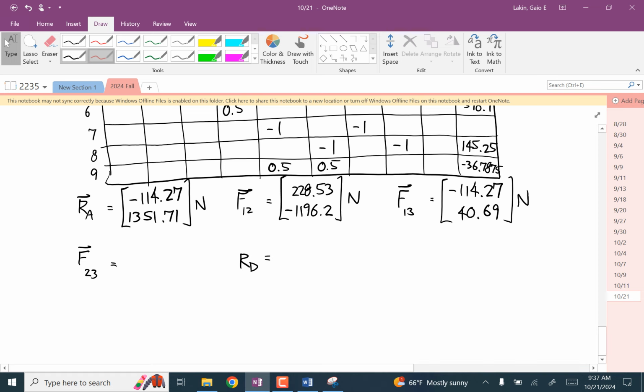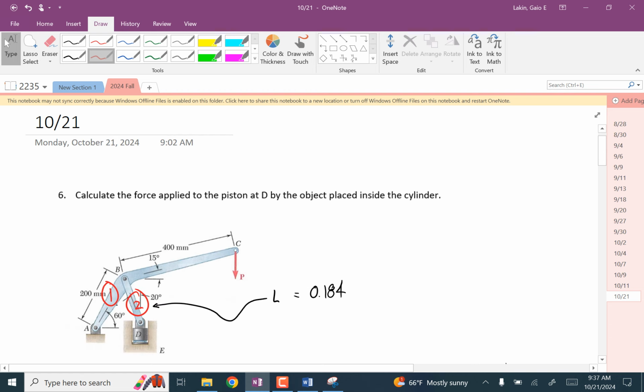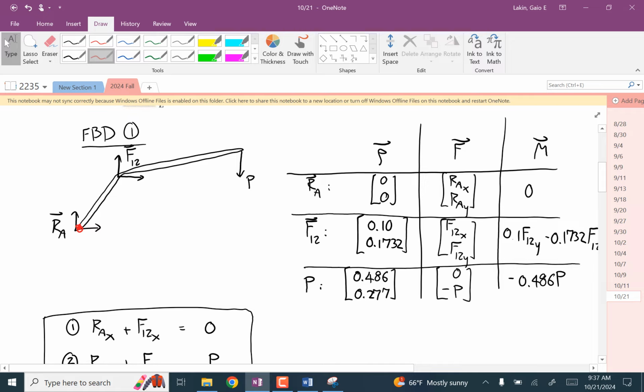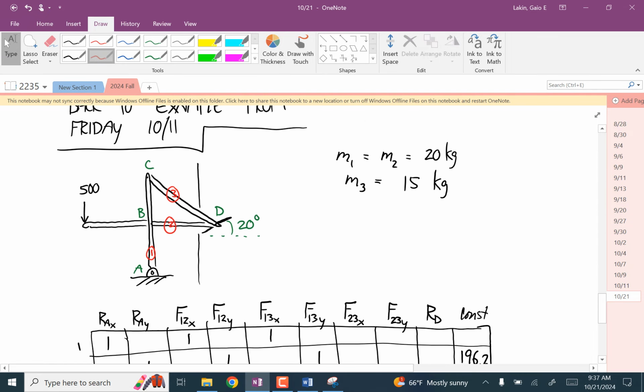For F23, I got positive 114.27 and negative 185.94. And for RD, I got negative 334.11. Not this one, this one.